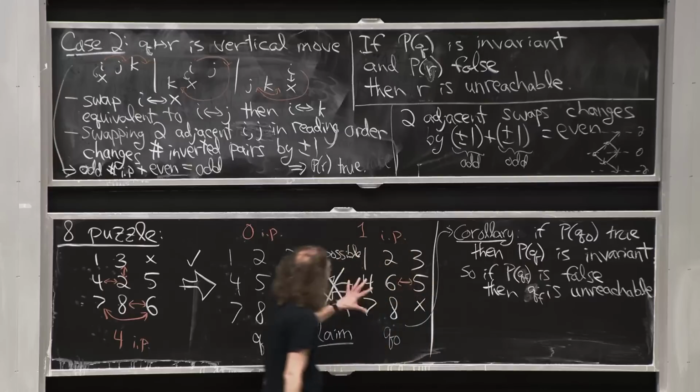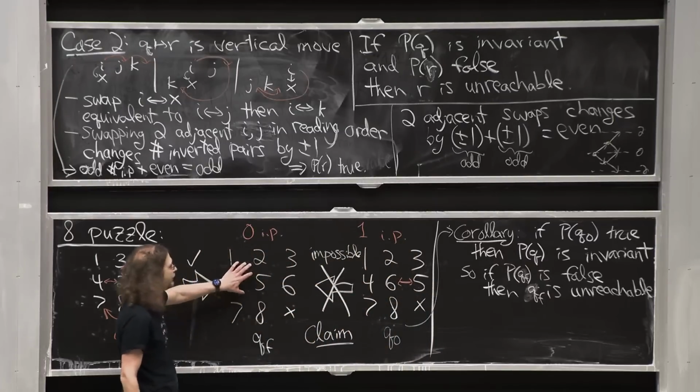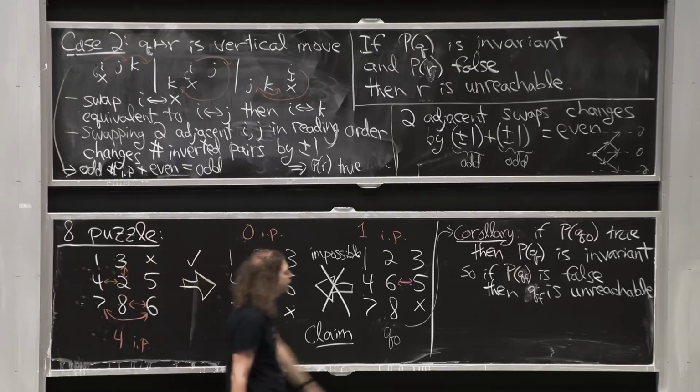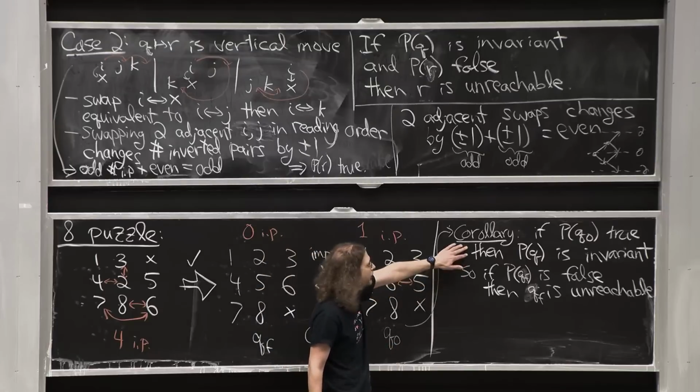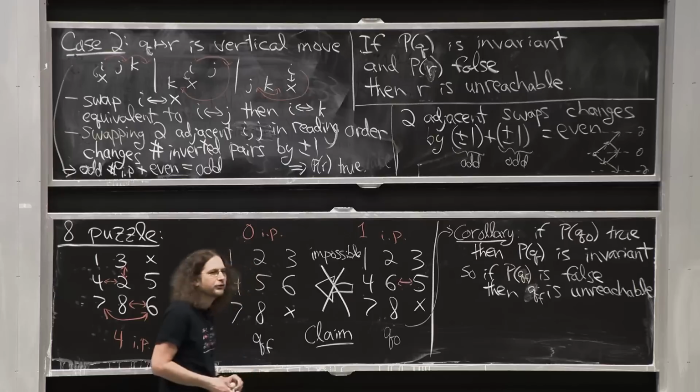Okay, so that's exactly the scenario. We start in a state where we have an odd number of transitions. We're trying to get to a state with 0 inverted pairs. And so that's not going to be possible, because we start with P true, and we somehow are trying to reach a state where P is false.